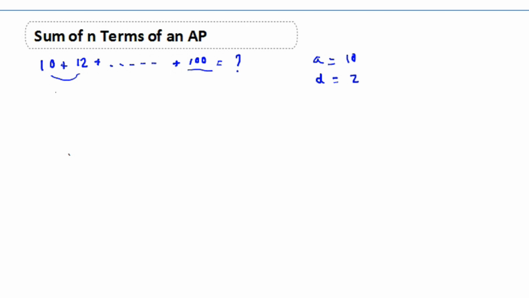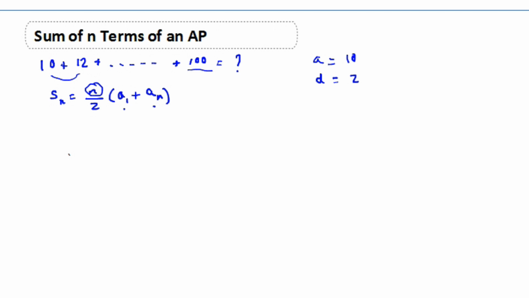So since the formula for finding the sum of n terms is n over 2 times a1 plus an, in this case we have a1, and we have an also. What we don't know is the number of terms, but we know that the last term is 100. So let us put that.